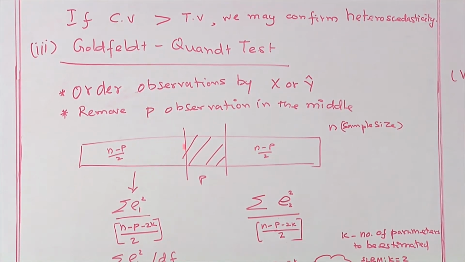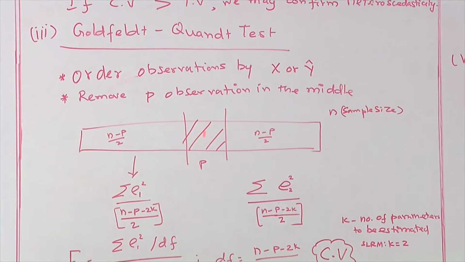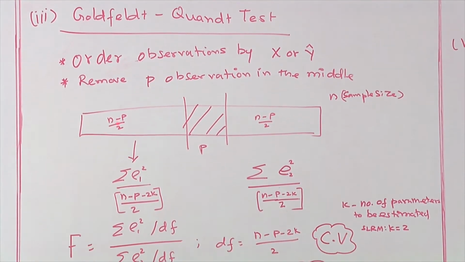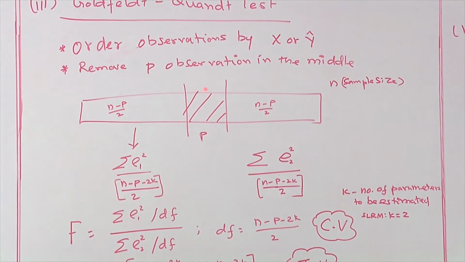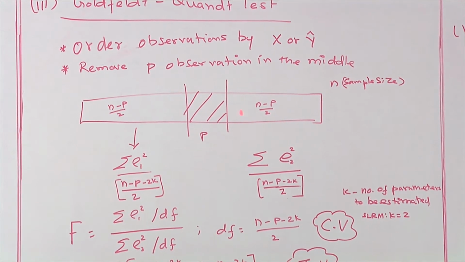Because the total sample size is n, and p data points are removed, we are left with n minus p observations. On the whole, it is equally distributed in the lower and upper end, so you have n minus p by 2 samples in the lower end and n minus p by 2 samples in the upper end.